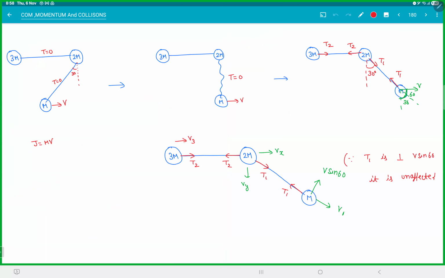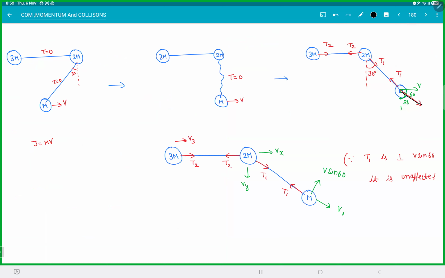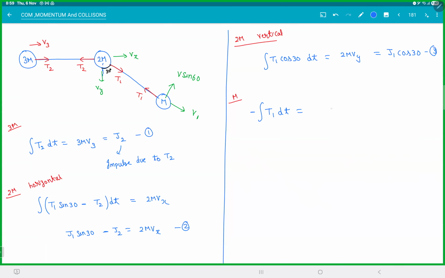If you remember, this component was v cos 60, and this was v sin 60. So v cos 60 became v1. That will be change in momentum, which is m into v1 minus m into v cos 60. So this is minus J1. So we get J1 will be mv by 2 minus mv1.